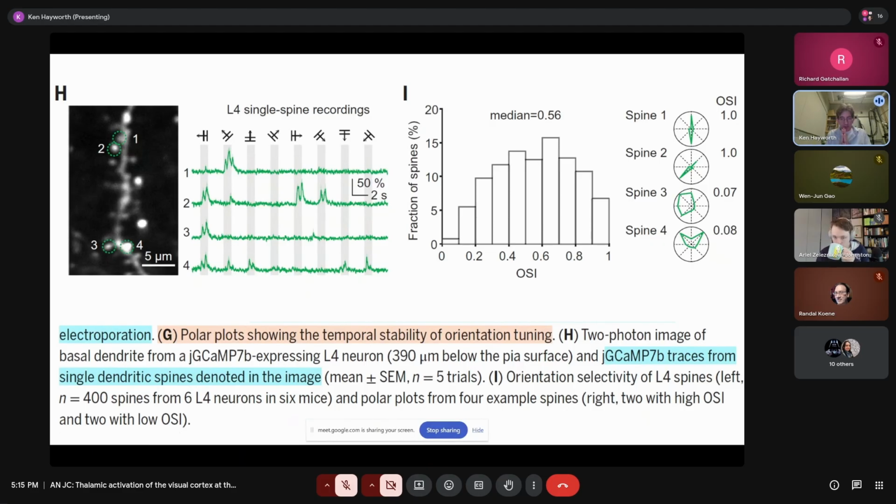And one of the key things that they did in this paper is they really did long multi-day recording sessions where they could look at essentially all of the spines, so they could get really good statistics about what's going on.